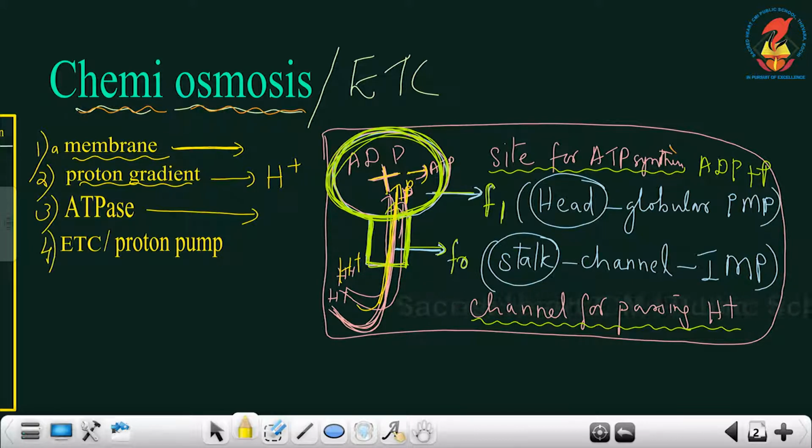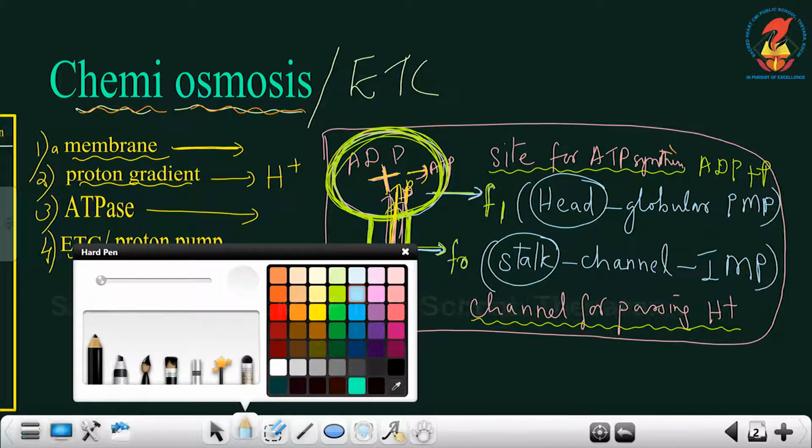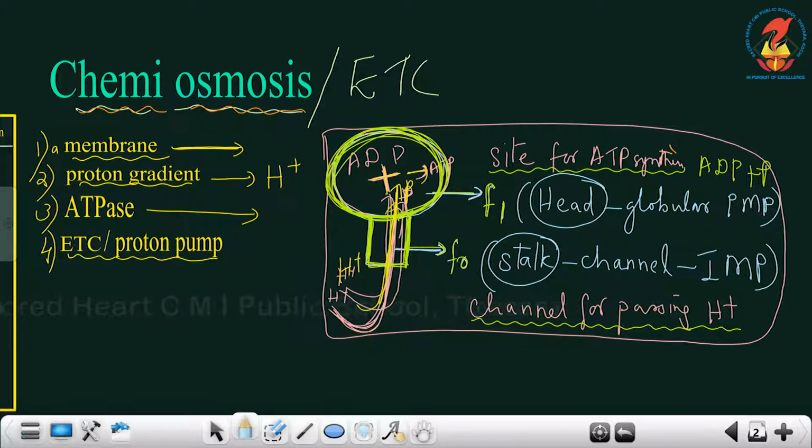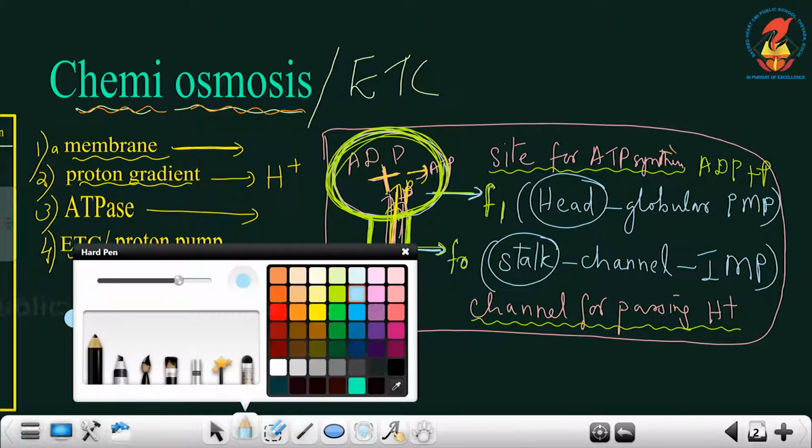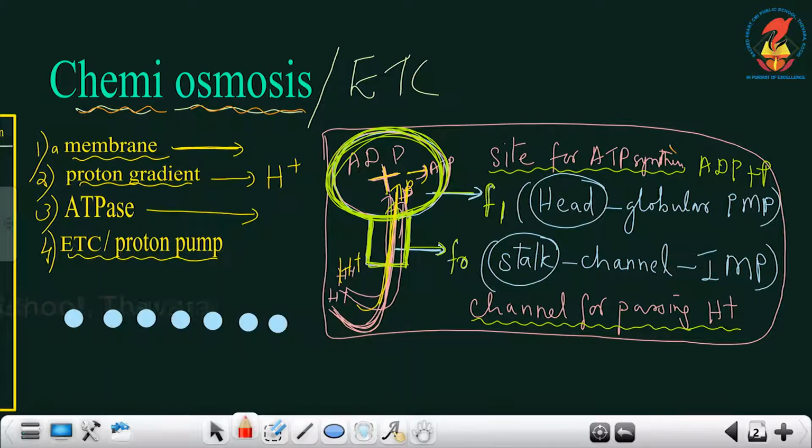And the last requirement is the ETC or the proton pump. ETC or the proton pump is a chain of electron carriers. These are indicating some electron carriers. Okay, let this be electron carrier 1, electron carrier 2, 3, 4, 5, 6, 7.